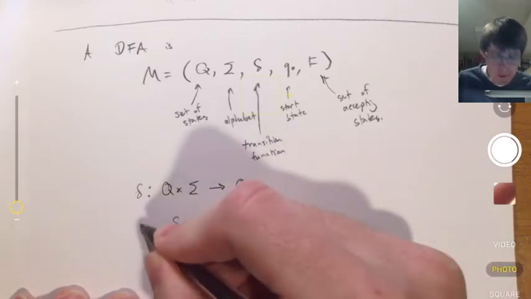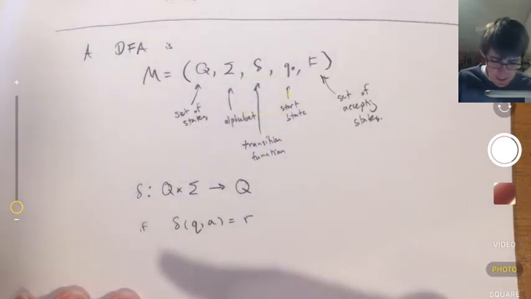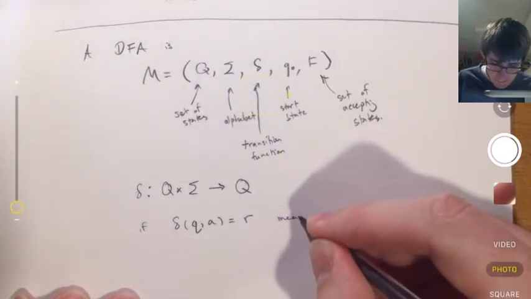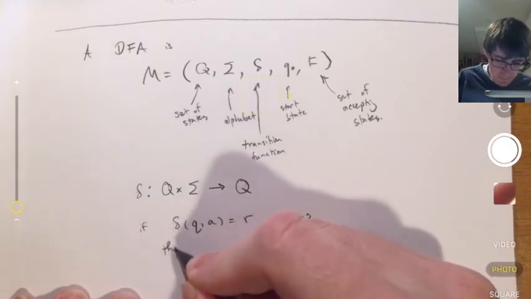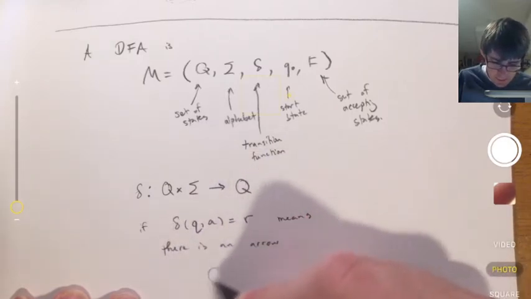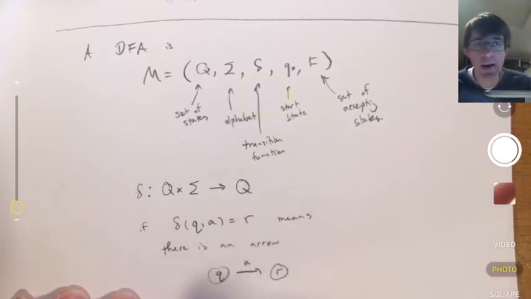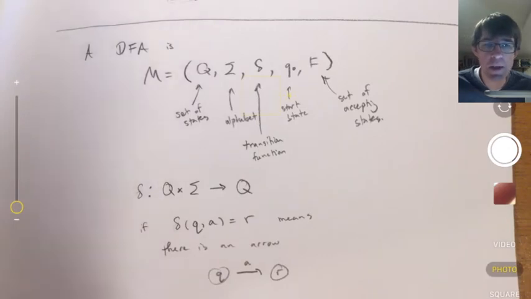So if you see that, delta of Q comma A equals R, what that means in terms of the diagram, this means there is an arrow like this where there's some state called Q and some other state called R with an A on it, right? That's the meaning of this transition function, this delta.